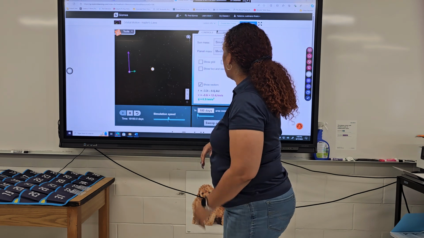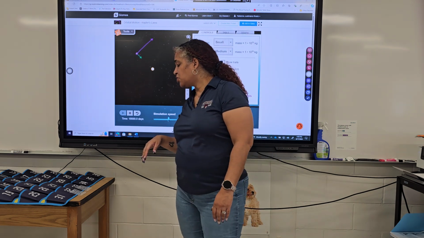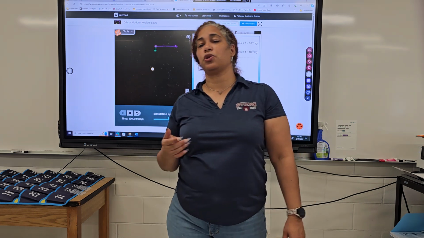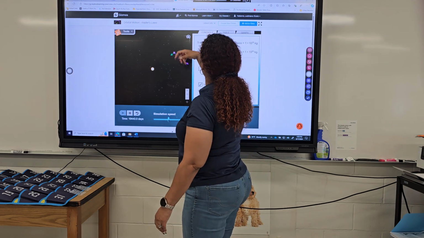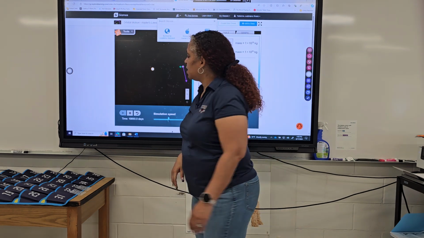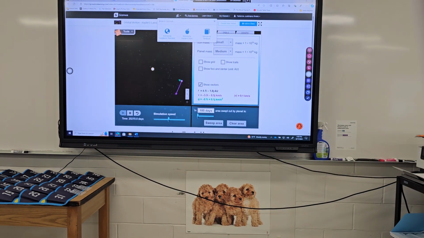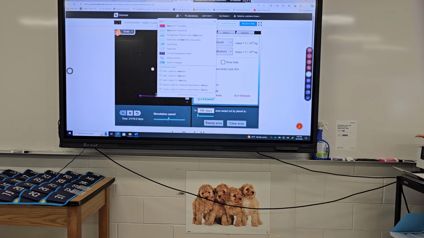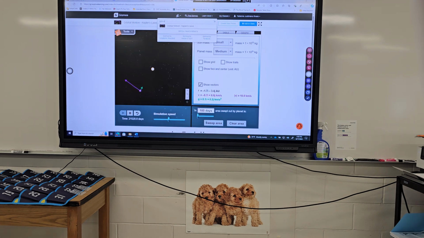So, the geocentric versus heliocentric model. This is actually really important. I'm hoping we have one here.